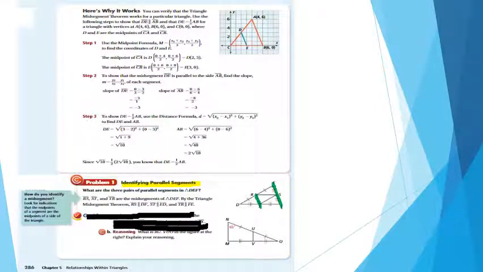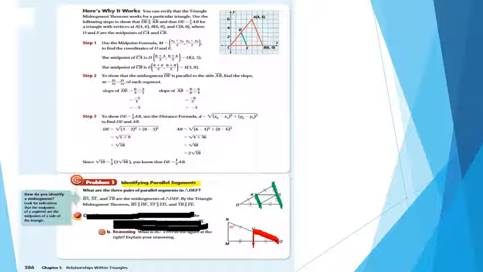Let's see question B. What is the measure of angle VUO? Where is VUO? VUO, this one. In the figure at the right, explain your reasoning.